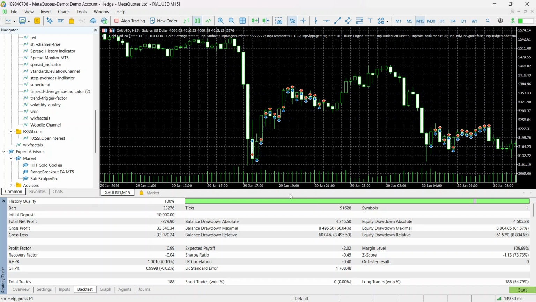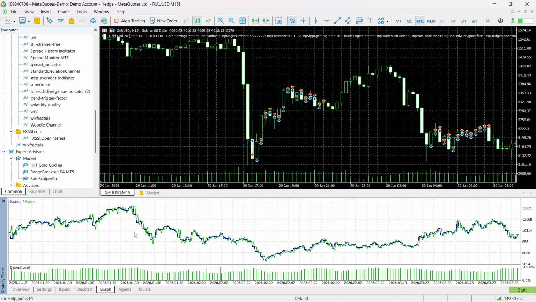Looking at the equity curve, you see a nice climb early on with some chop. As you can see here, you see the rise, and then we see the drop, a pretty sharp drop mid period, followed by partial recovery here toward the end.